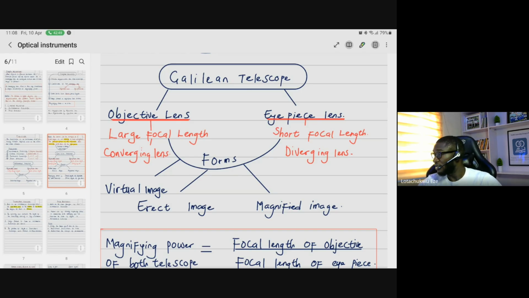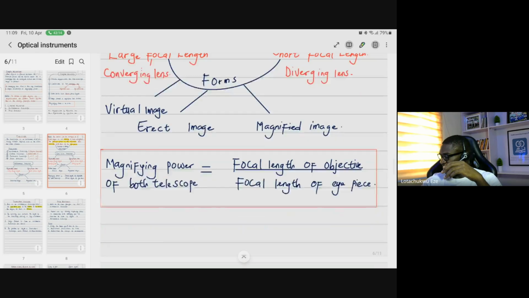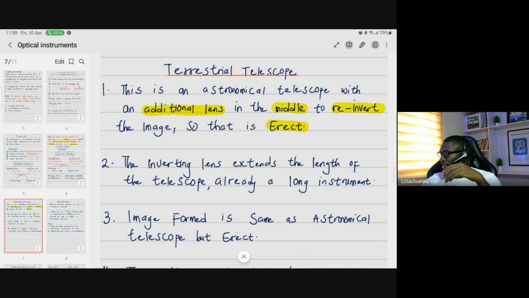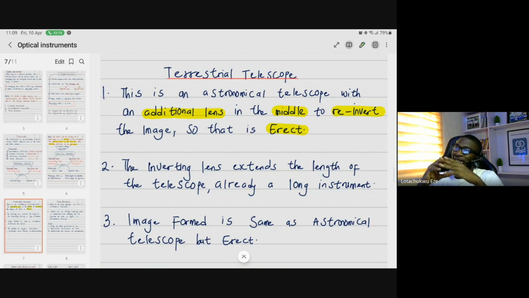Someone messaged. Upright. Okay. Upright. Thank you. All right. So the image is erect, like I said. Okay, so let's proceed. We have the terrestrial telescope now. Additional lens in the middle to reinvert the image so that the image is erect.